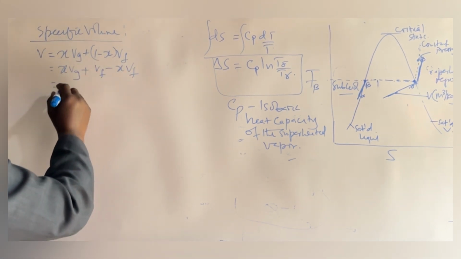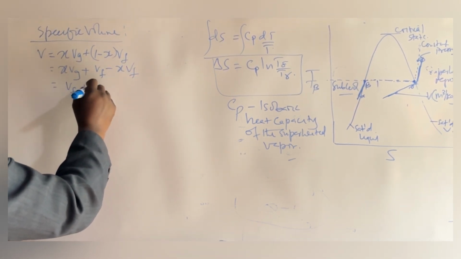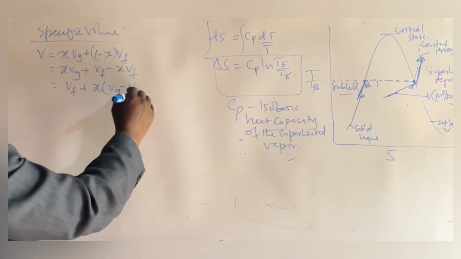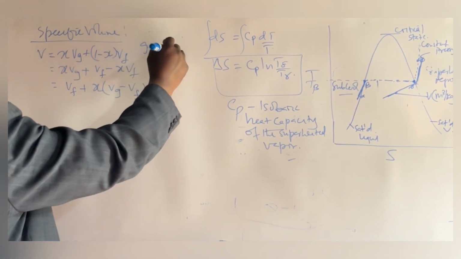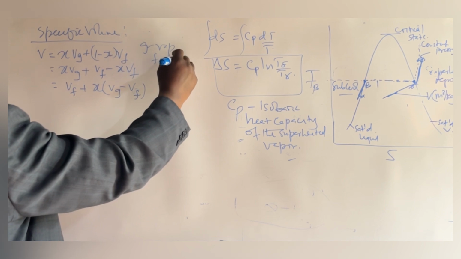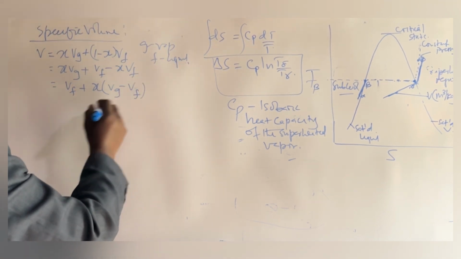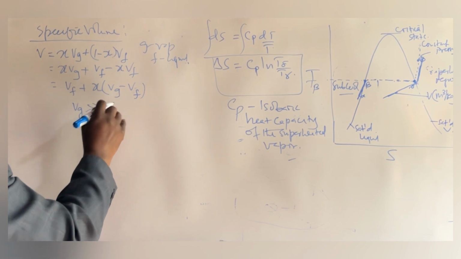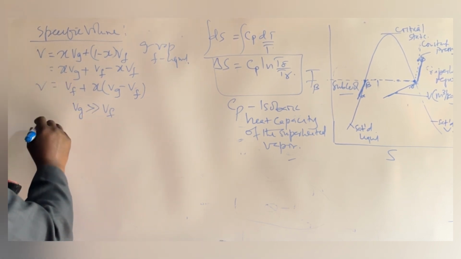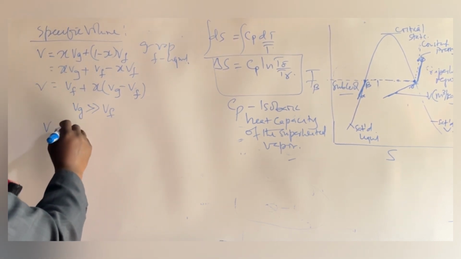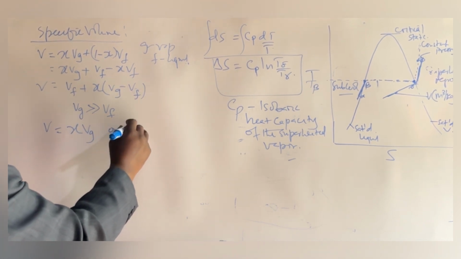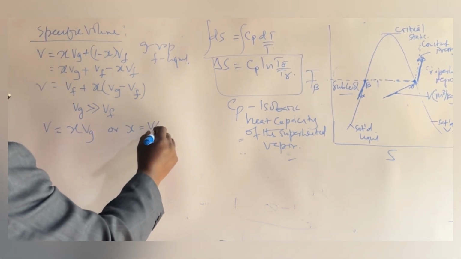If we factorize, we have Vf plus X (Vg minus Vf). Remember g is vapor, f is liquid. And we said that since Vg is much greater than that of the liquid, then V will be X Vg, or X is equal to V over Vg.